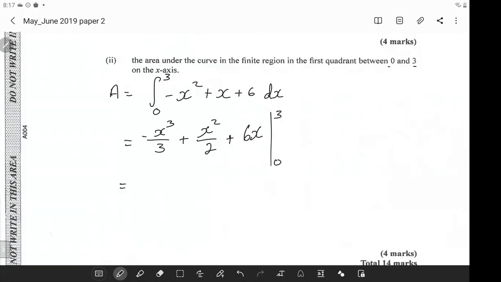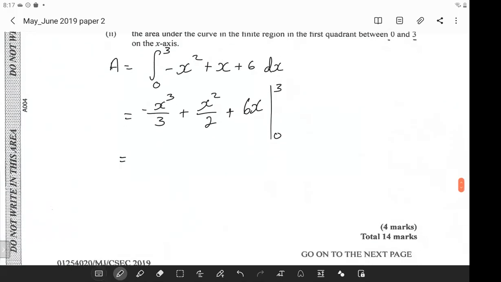If we plug 0 in here, we get 0 throughout, so that will not contribute anything. So all we need to do is apply the upper limit. Notice if we had an extra constant term here, the 0 would have mattered, or a trigonometric function like cosine. But since all of them have an x and we put in 0, we just get 0.